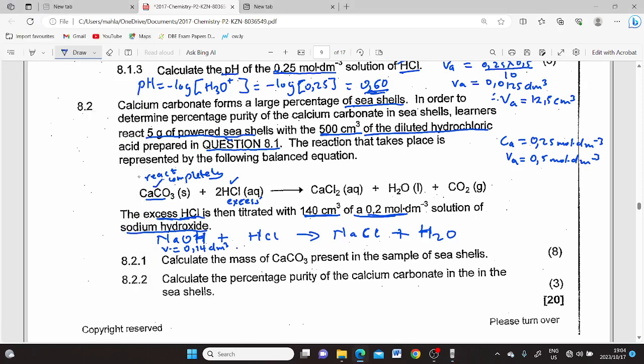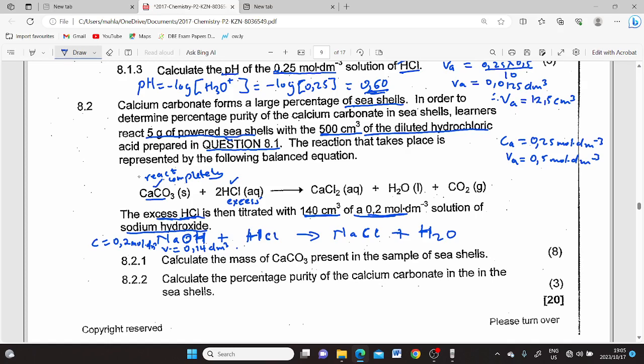And then they also said it has a concentration of 0.2 mole per decimeter cube. Right, sorry for that. Now we have the information of NaOH that is titrating the excess HCl. Right, it's fine. Let's get the question.